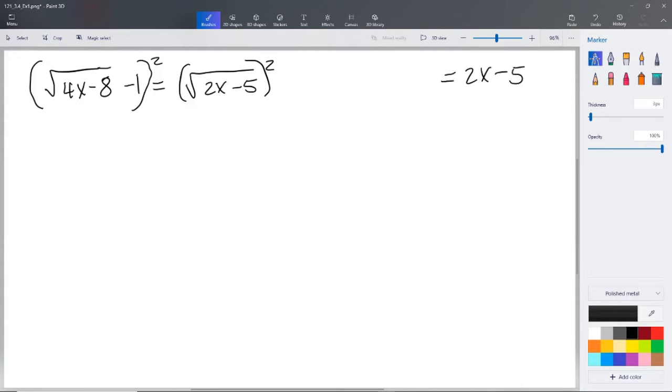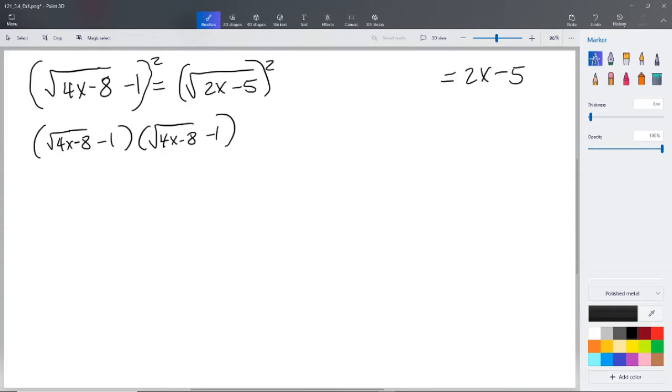Over here, not so much, because a FOIL has to happen. Let's do this separately and give ourselves some space. We've got a radical of 4x minus 8, and then minus 1, and then another radical of 4x minus 8, and then minus 1.